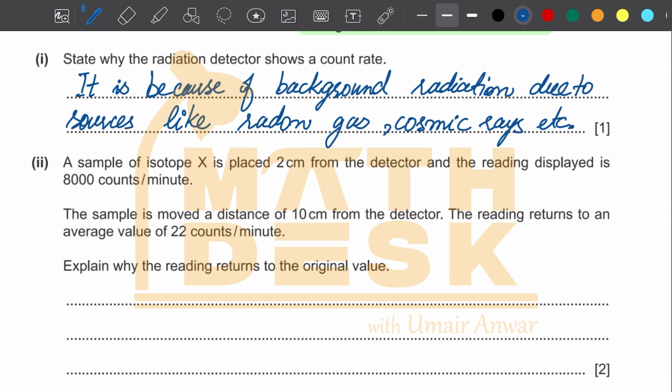A count rate is seen on the detector because of this background radiation.